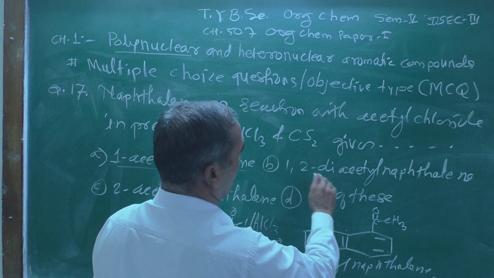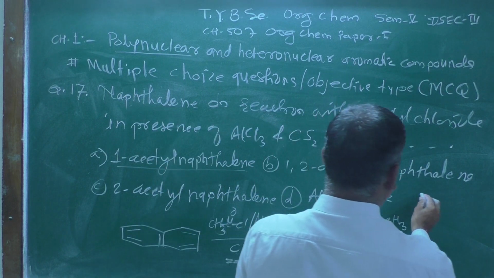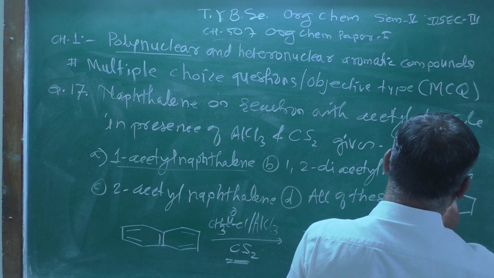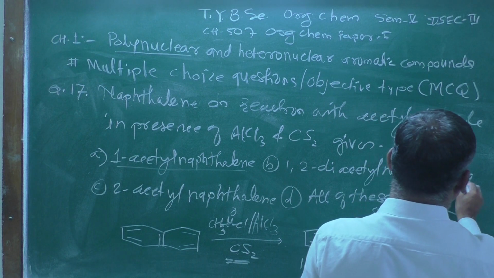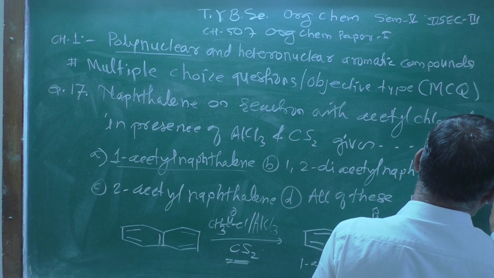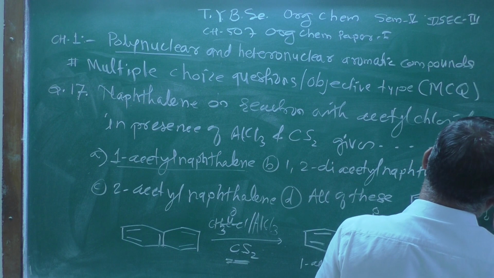Now 1,2-diacetyl naphthalene, the structure I am showing you over here: you can see at one position C=O CH3, at two position C=O CH3.